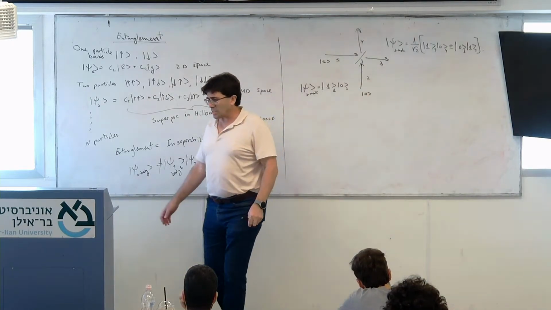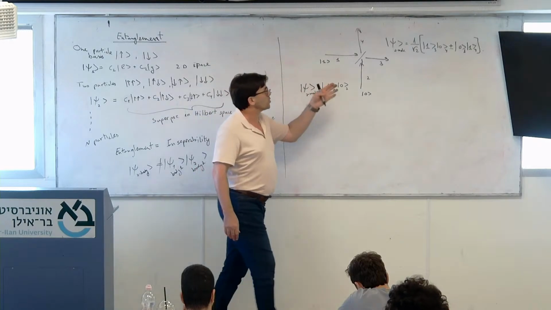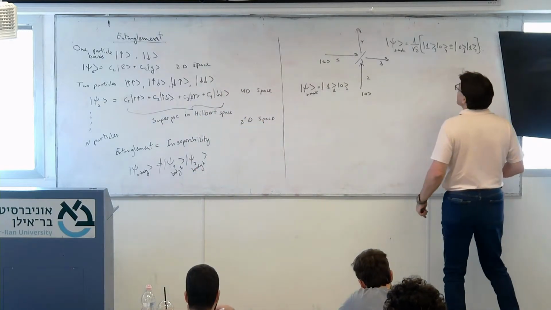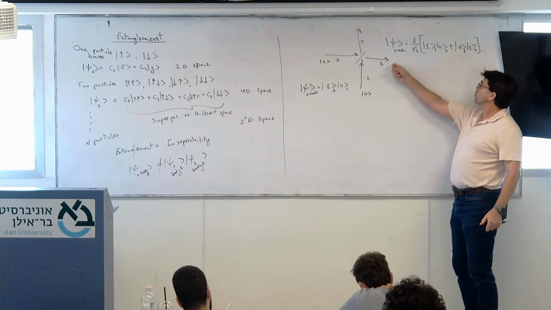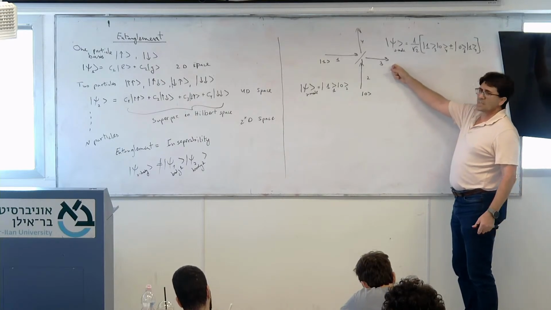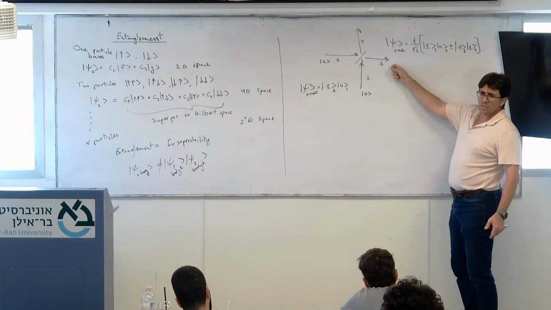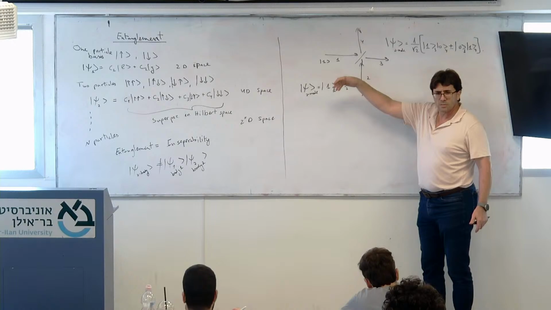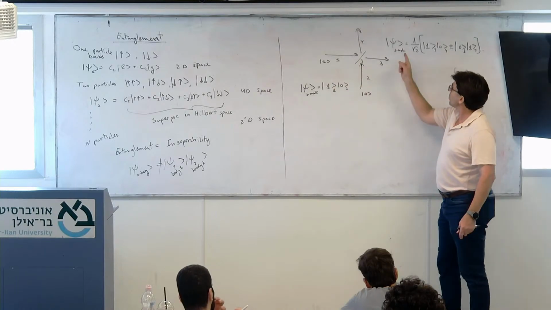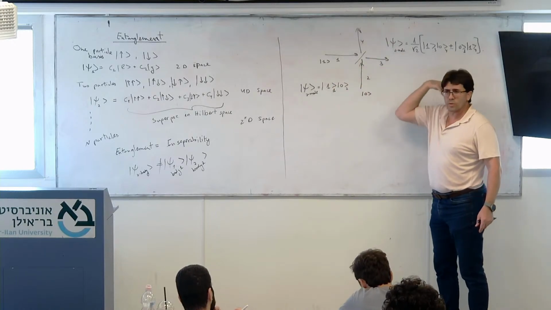So here, I don't know the occupation of mode 3. It can be 0 or 1. And I don't know the occupation of mode 4. It can be 0 or 1. But if I measure mode 3, I will know mode 4.